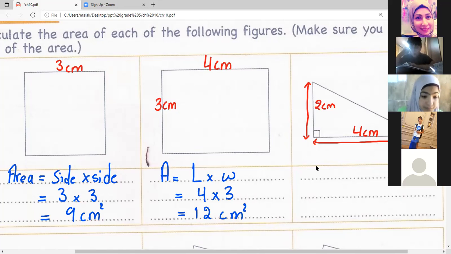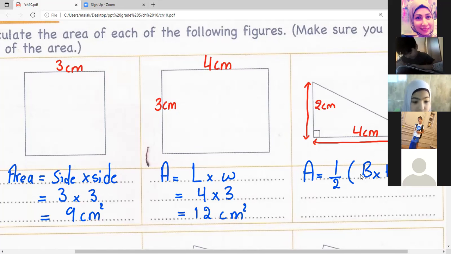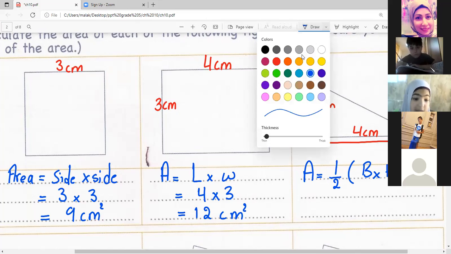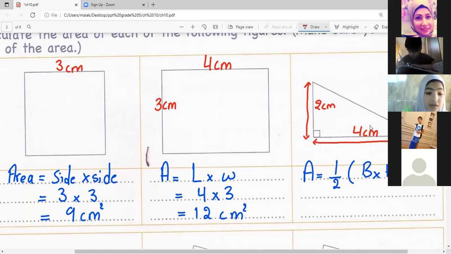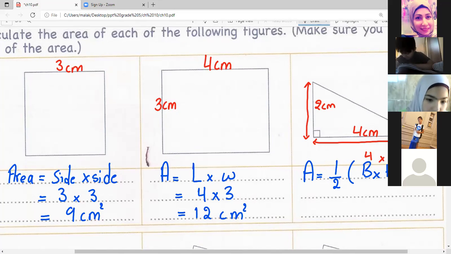The area of the triangle. The rule: half base times height. How much is the base? 4. How much is the height? 2.